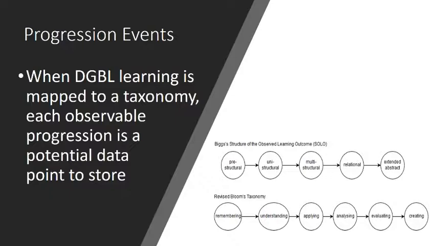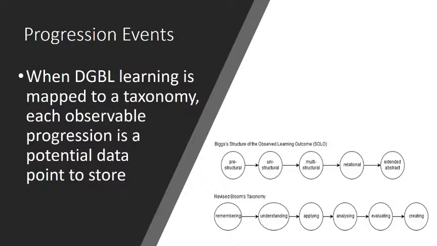So the game could be coded such that when the player interacts with an object in the game, that could be an observable indicator that a particular type of content or learning has been encountered.